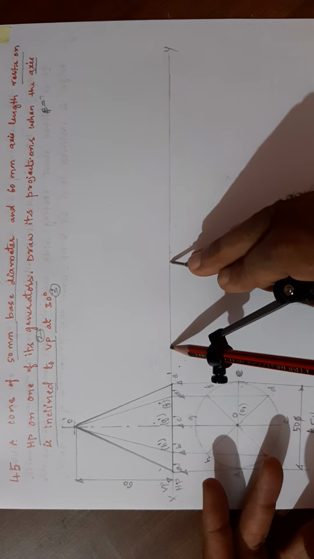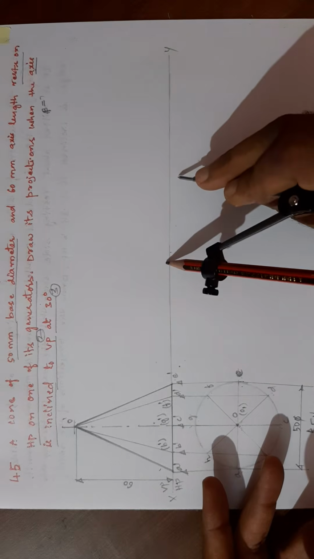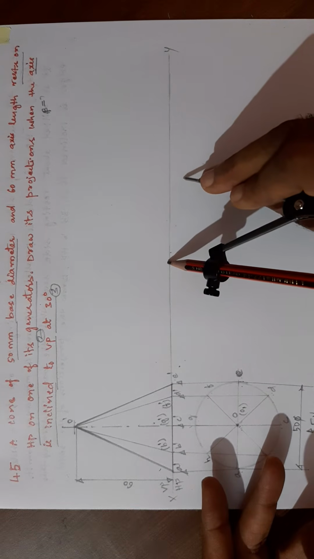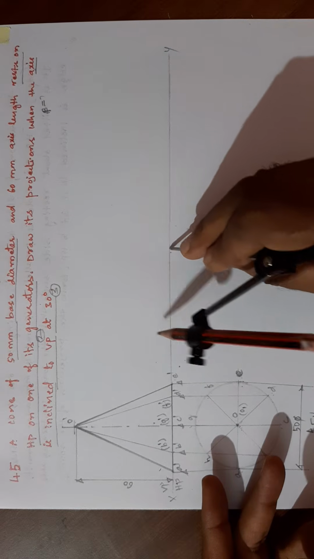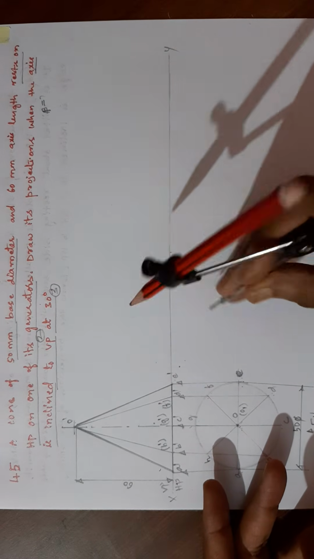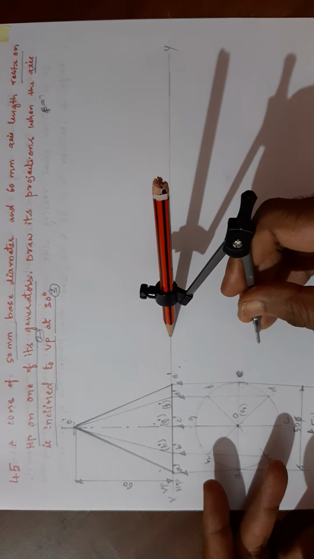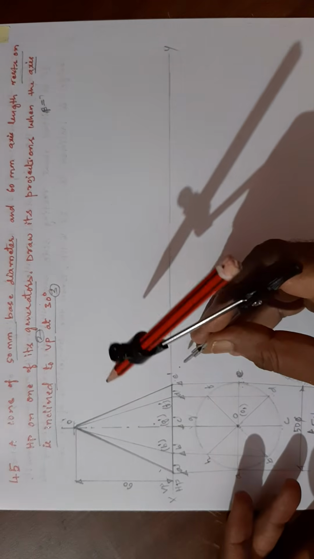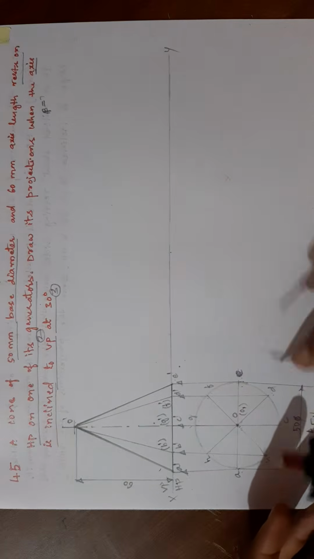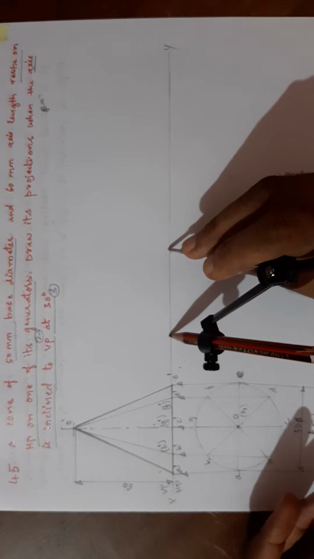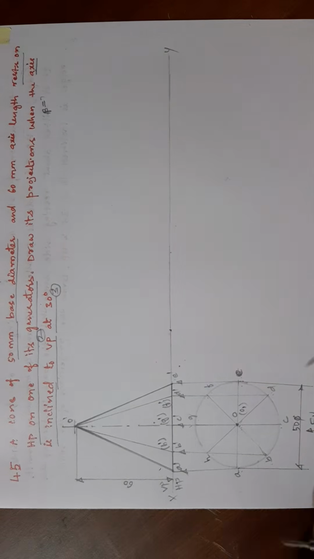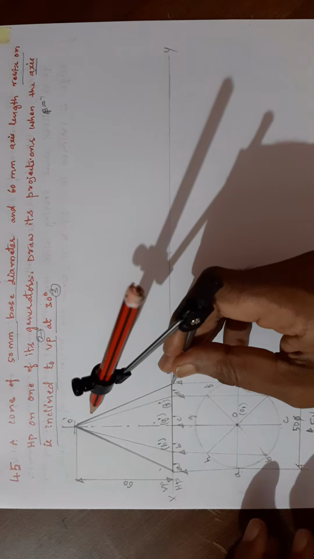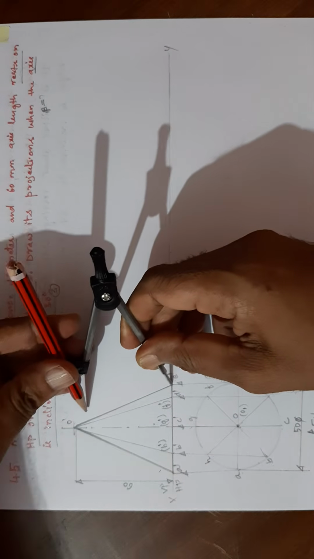Now this is the front view, and this is the point you have to get. From this point, take E dash to O dash.